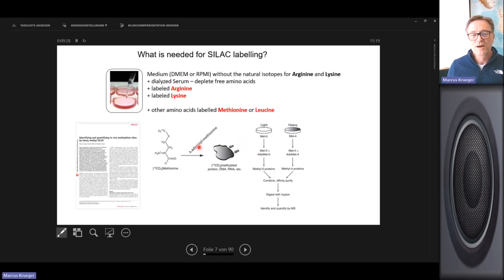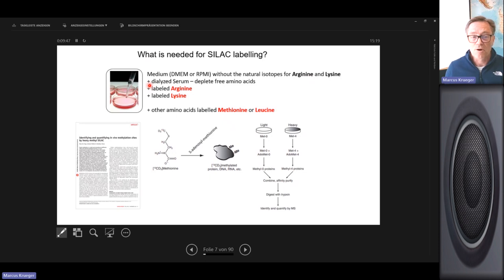What we can do is, just some brief setup here. Of course, you need medium, DMEM or RPMI or any other medium without the natural isotopes for arginine and lysine. They should be depleted for that in both conditions, in the light and in the heavy condition.